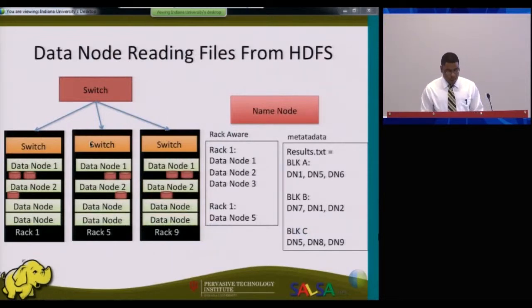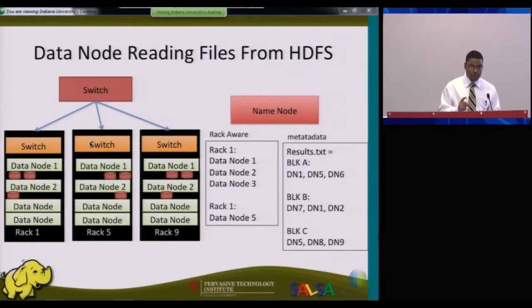There are some cases where the data node needs to read from the HDFS, possibly to process this data. But sometimes the data is not local, so it needs to fetch the data. So it needs to ask the name node where this data is, and the name node may have to go across the network.